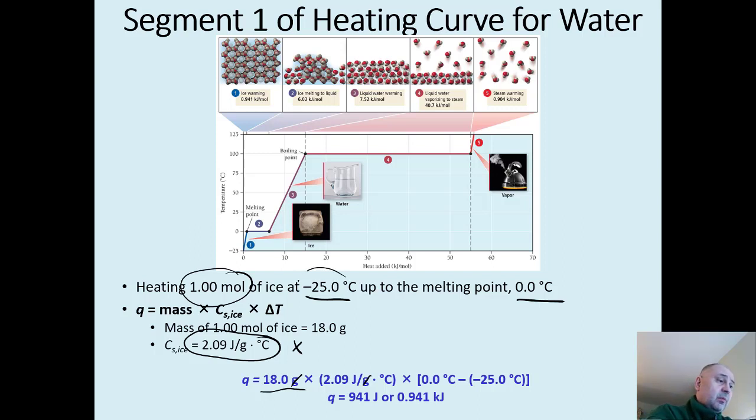We are going from negative 25 to 0, so that would be 25 degrees. When you multiply 18 by 2.09, and then by 25, you get 941 joules. If you divide that by 1,000, this would be in kilojoules, just warming up the solid using its specific heat.